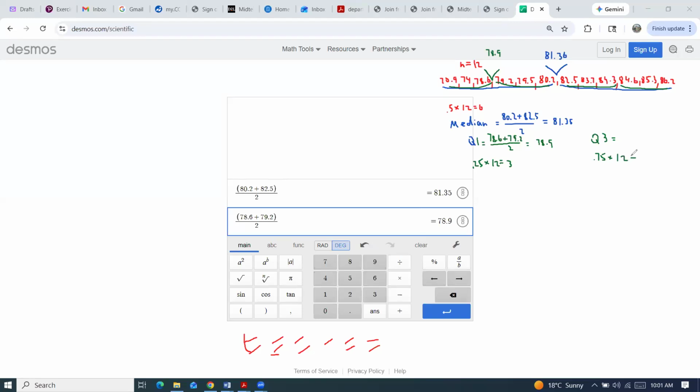Okay? So it looks like it's 9. You can check it with a calculator if you want. Analogously to the previous calculation, average whatever sits on place 9, 84.3, with the following place, which is 84.6. Right?